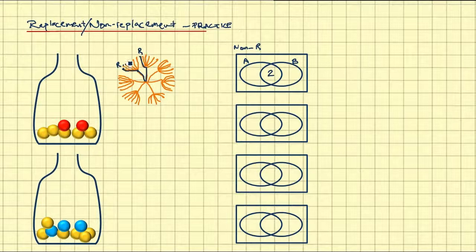So it would be 1, 2, 3, 4, 5. So I'm going to use the tally mark system here. So 1, 2, 3, 4, 5 here, and 1, 2, 3, 4, 5 here. So all of these would have to be drawing only in event A. So that's 5, add 5, in other words 10.